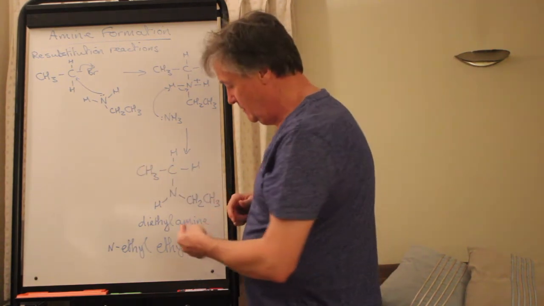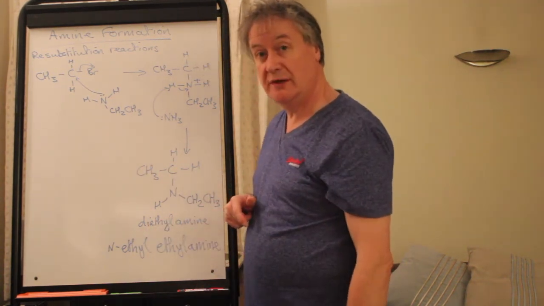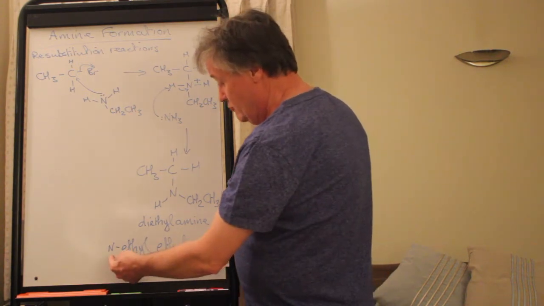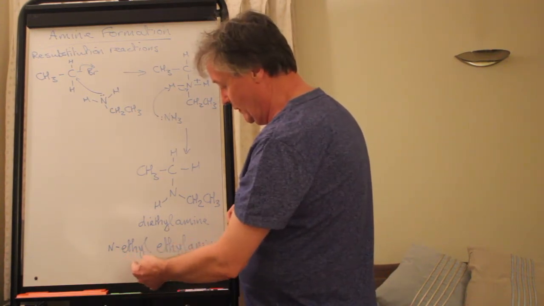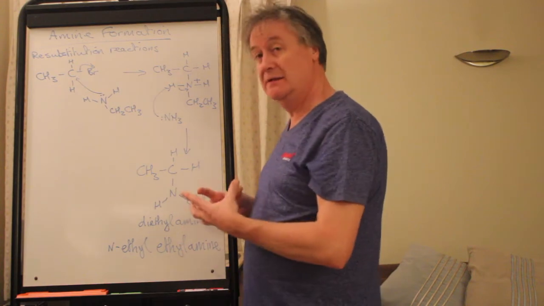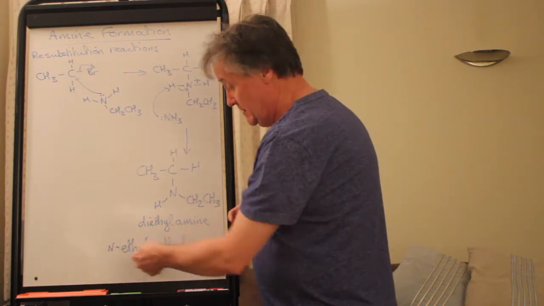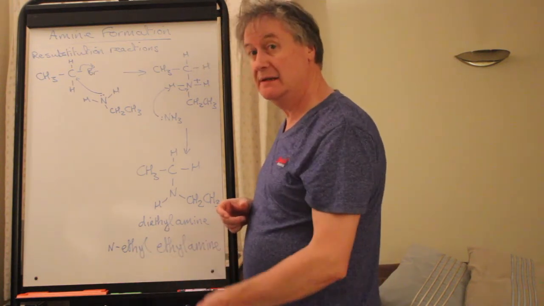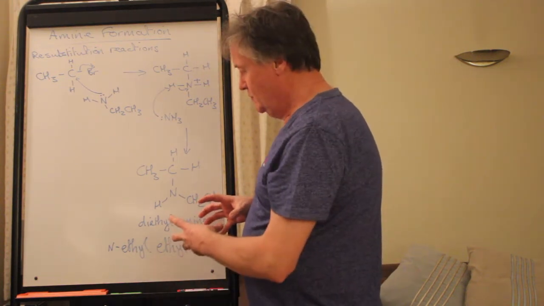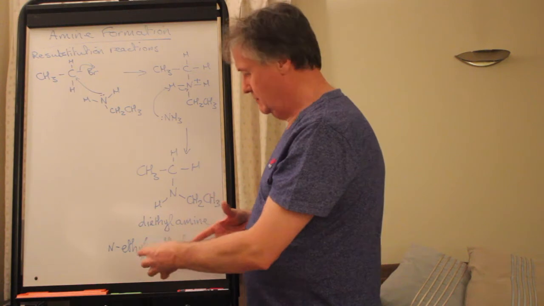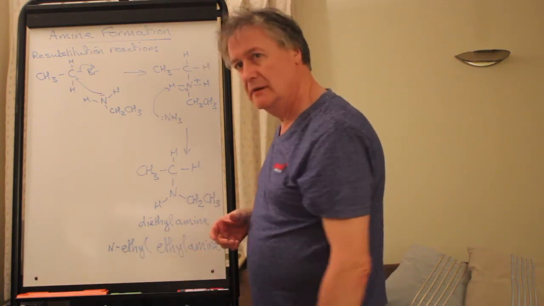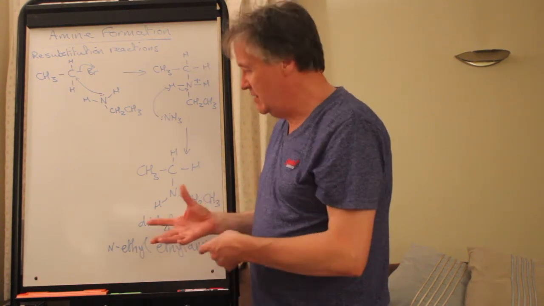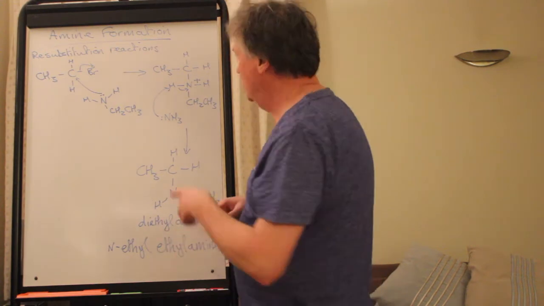CH3CH2 is also an ethyl, so it's sometimes called diethylamine, more correctly called N-ethyl ethylamine. So it's ethylamine, and then the N, this means the N has been substituted with an ethyl. So it's N-ethyl ethylamine. More complicated mixtures you could get different. You could have a methyl and an ethyl, something like that.